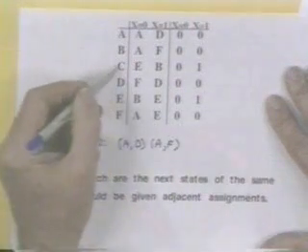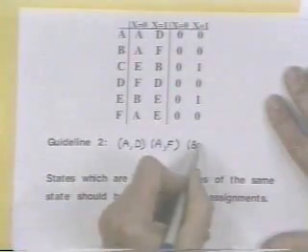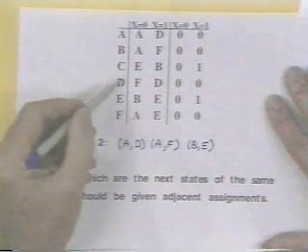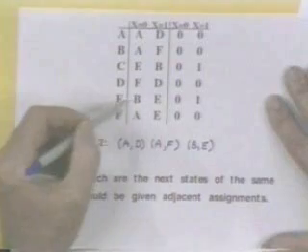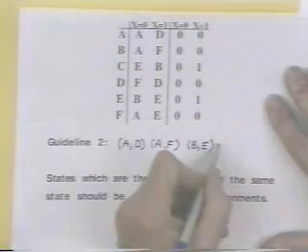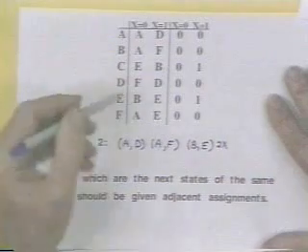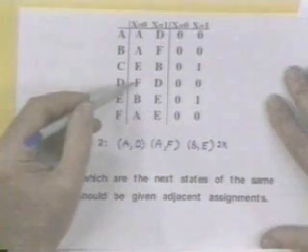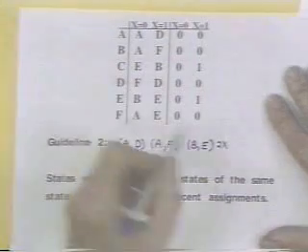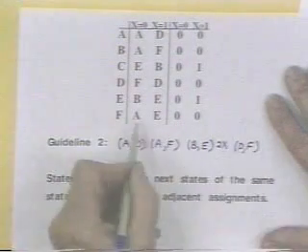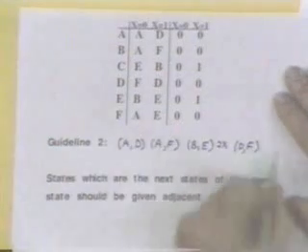B and E are next states of C. They should be adjacent assignments. And here's another BE down here, which are next states of E. So I'm going to put that 2x, because that's more important, because it appears 2 places. D and F are next states of state D. And A and E are next states of F.